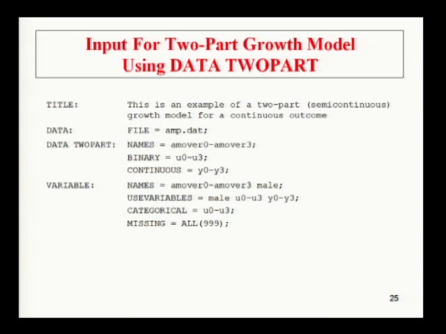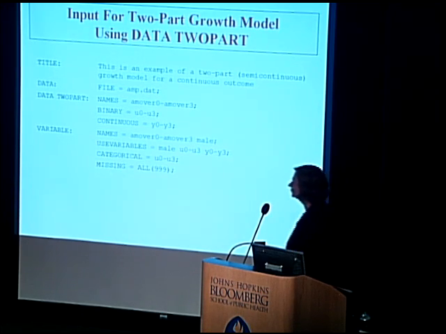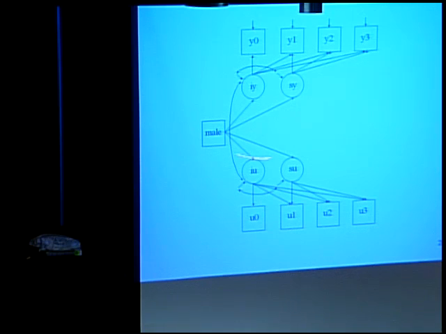One thing I didn't mention when I was pointing over here is that the 2 parts don't have to follow the same growth function, and they don't have to have the same covariates. So although we're showing just a single covariate for both, and the same covariate for both parts, you can have different covariates predicting the continuous part and different ones for the binary part.